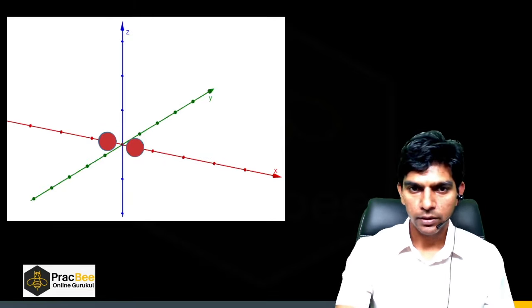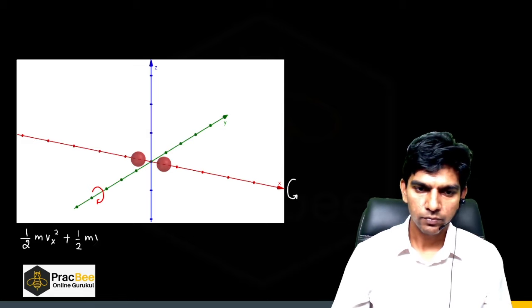So what are the possible energies possessed by the diatomic molecule? It can translate in the x direction, so half m vx square plus half m vy square plus half m vz square. Now this is known as translational degree of freedom, right? So there are 3 translational degrees of freedom, and apart from this there are 2 rotational degrees of freedom. So half I z omega z square plus half I y omega y square. Now this is rotational degree of freedom.